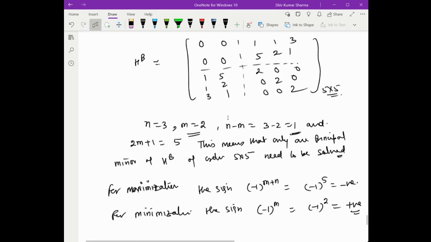So you need to solve these determinants. Here we have a matrix of order 5 by 5. So how to solve the determinant of 5 by 5? There are two ways to solve such types of matrices.